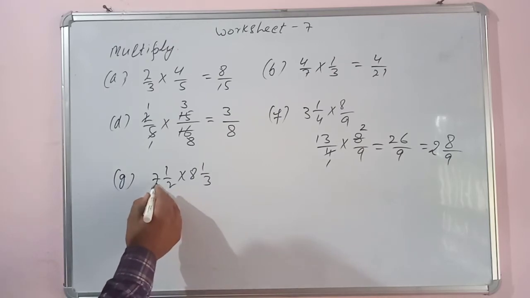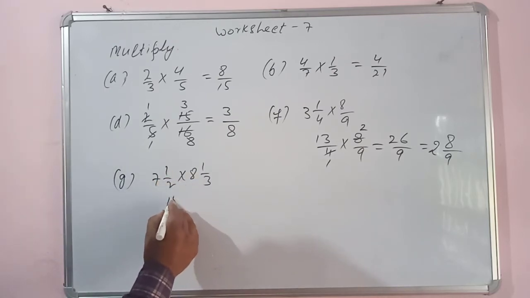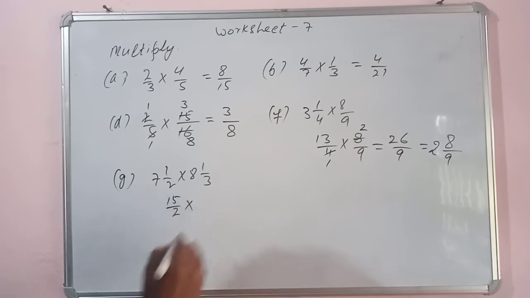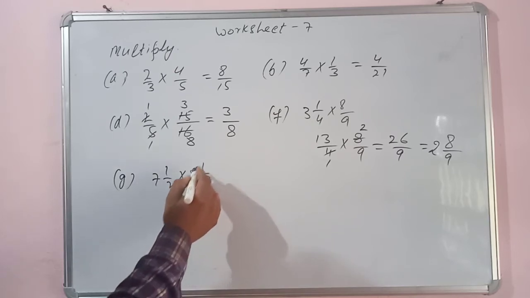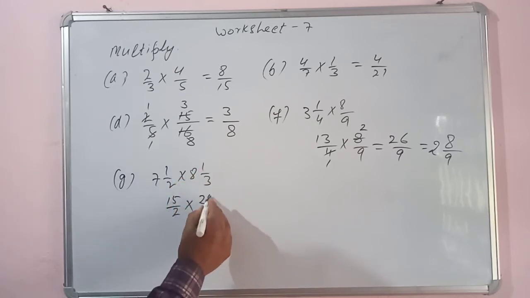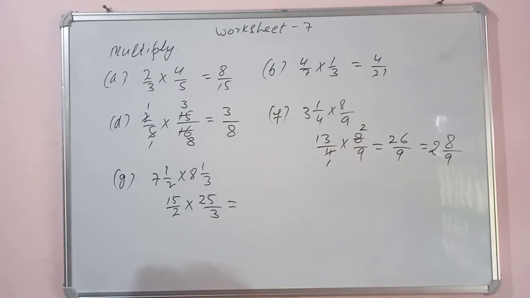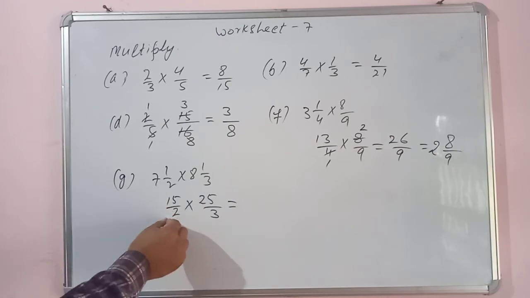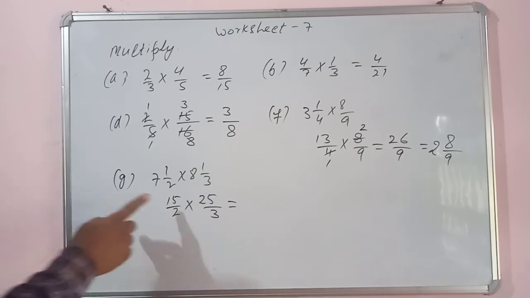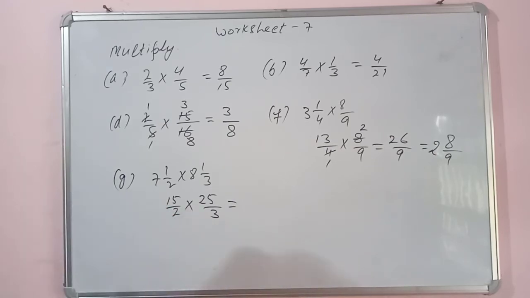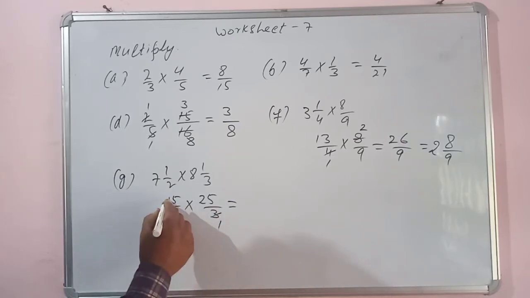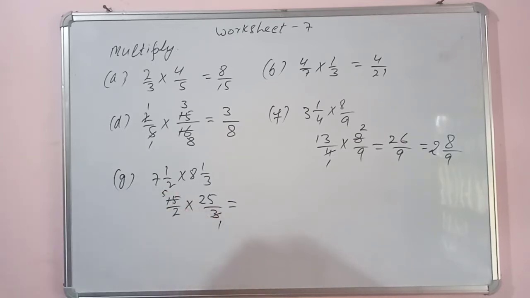So 2 7s are 14, 14 plus 1, it is 15 over 2, multiply 3 8s are 24, 24 plus 1, it is 25 over 3. Now see, is 15 divisible by 2? No. Is 15 divisible by 3? Yes. So 3 1s are 3, 3 5s are 15.